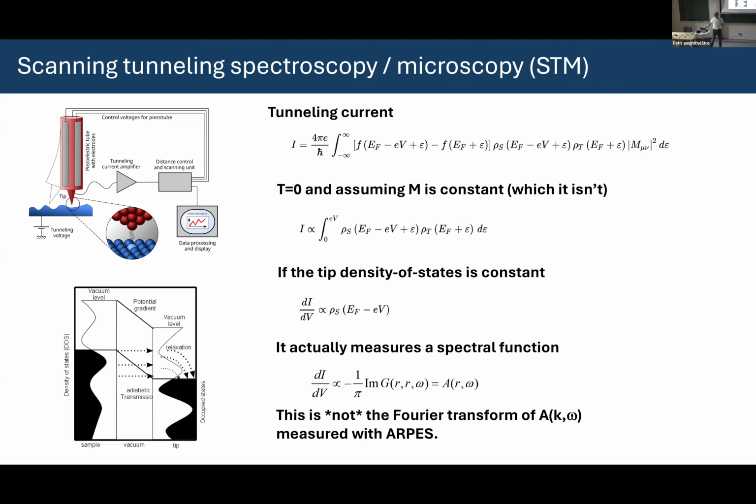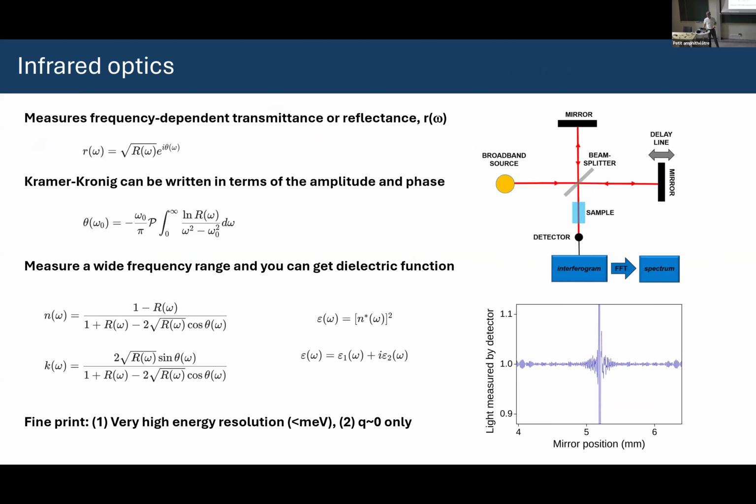Infrared typically measures the transverse part of the conductivity. So this epsilon is a 3 by 3 matrix. When I reflect light off of a sample, the E field is transverse, so I actually measure the transverse parts of this, not the longitudinal one. Now, in the q equals 0 limit, in most cases the transverse and longitudinal response are the same, because there's no distinction when q is really 0.